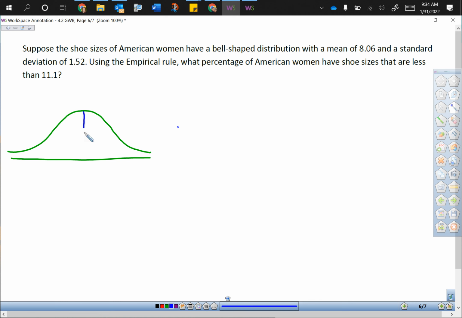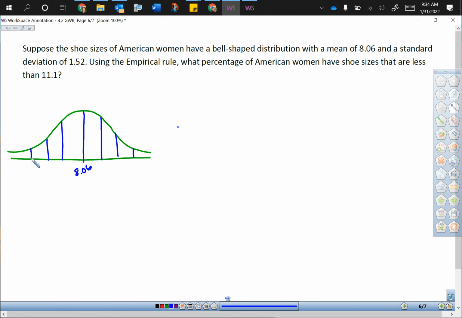And we're going to put in the measurements here. I'm going to have 1 in the middle, 3 more, and 3 less. And what measurement goes with the middle? 8.06. And it has a standard deviation of 1.52. So you know you're going to have to add, add, add, subtract, subtract, and subtract.